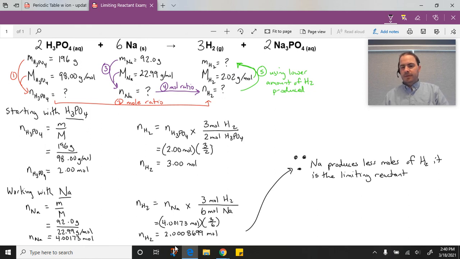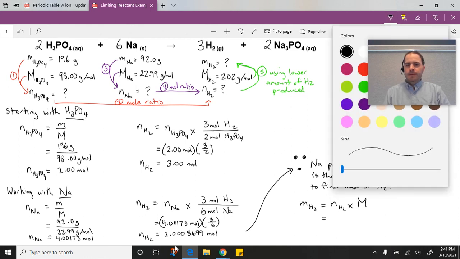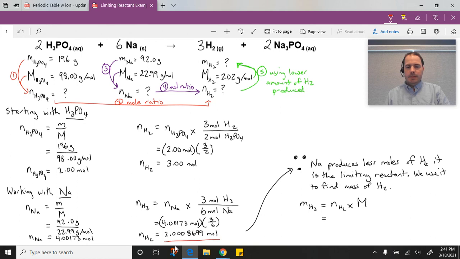Right? So if we know that it's the limiting reactant, then we know this is what we have to use to find the mass of hydrogen. So when we do this to find the mass of hydrogen, we're going to work with the moles of hydrogen times the molar mass, right? That's our calculation. So we're going to take this value of 2.00, we're going to take this one right here, and plug that in because it was limiting.